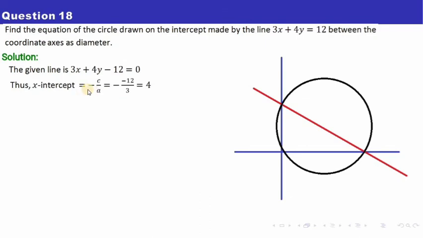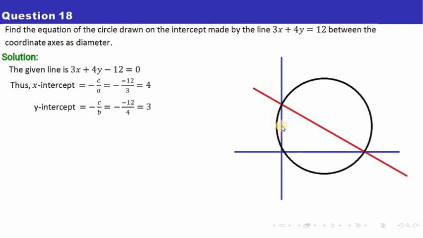The x-intercept formula says minus c by a, and c is minus 12 and a is 3. So the x-intercept turns out to be 4. That means from here to here is 4, so this coordinate is 4 comma 0. Similarly, let's find the y-intercept. The formula is minus c by b, so this turns out to be 3.